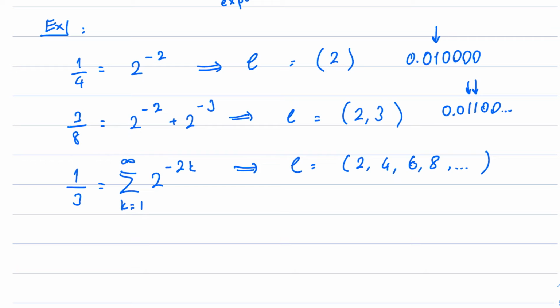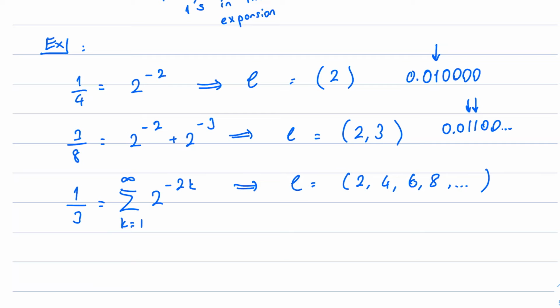Again, let's see some examples. 1 over 4 is expressed as 2 to the minus 2. Therefore, its length function is just 2. And here 2 is the location of the 1. There's only a single one, and its index is 2.